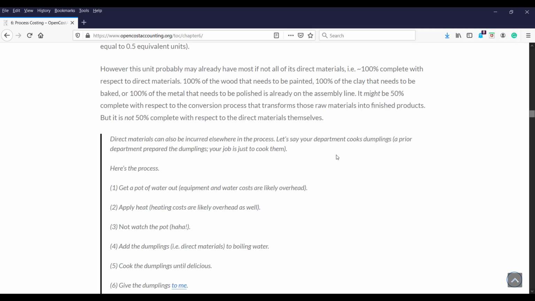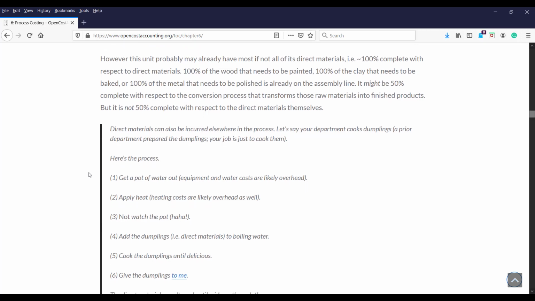However, the cook is going to get the pots as well, so you have wear and tear on cooking supplies in the kitchen, the pot as well. You have the laborer, the chef, get the pot, fill it with water, and boil the water before you add any dumplings. The dumplings are the direct materials in this case. And you're going to have half the process done before you add any dumplings. And of course, the critical step is not to watch the pot as you boil it.